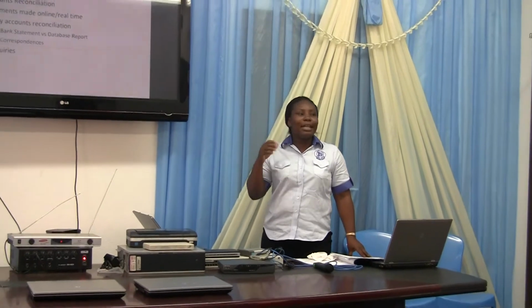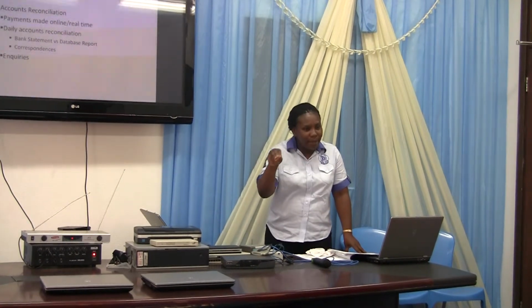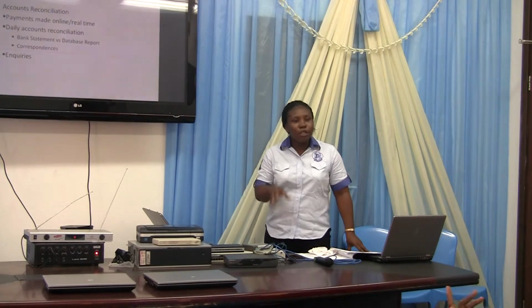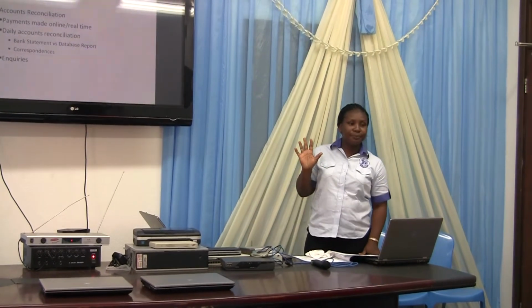But in this type of reconciliation, two things are very paramount. The first set are the transactions that you will see in the bank statements but will not see in the EBS-RCM database. That means the customer has actually walked in and paid. The bank has done one leg of the transaction by crediting the bank's application, but the customer has not been given a receipt.